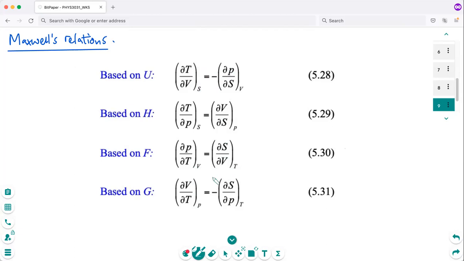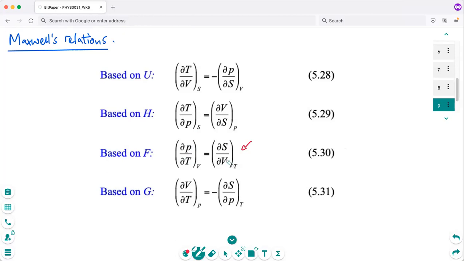And another message you should get from here is that Maxwell relations tell you something quite profound. For example, look at the one I derived. On the right-hand side, you have the rate of change of entropy when you change the volume.